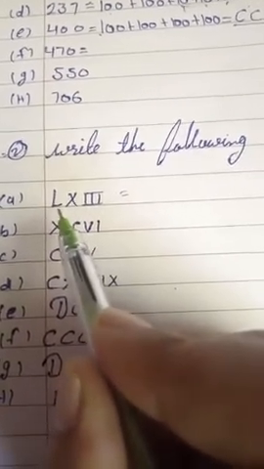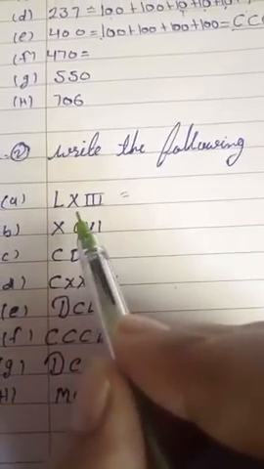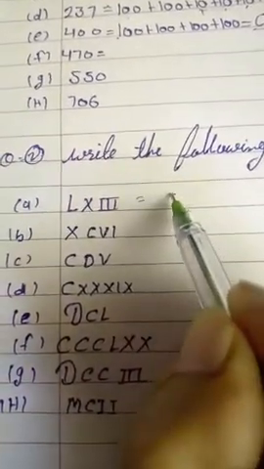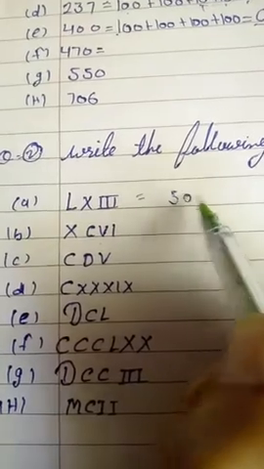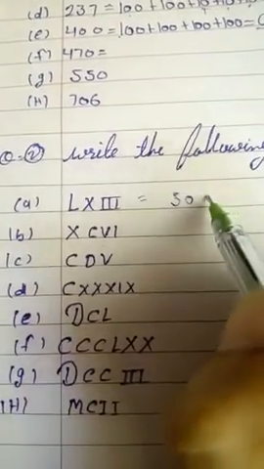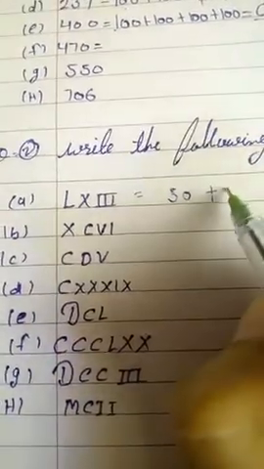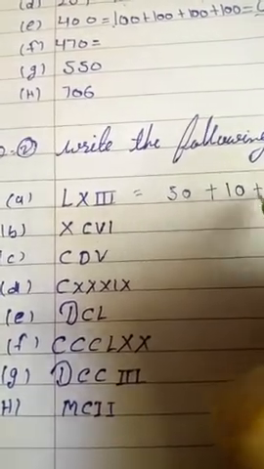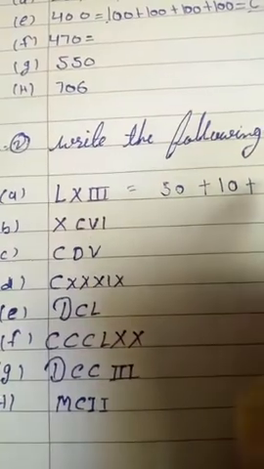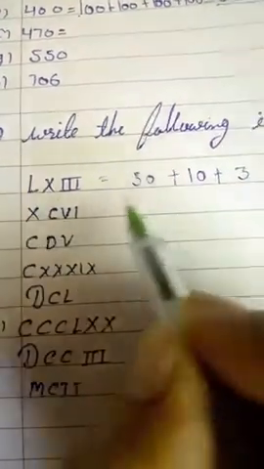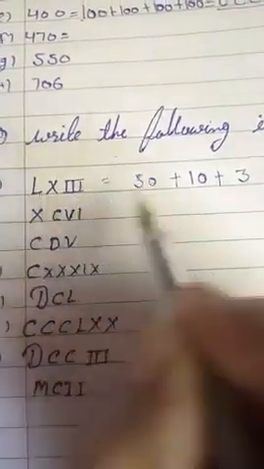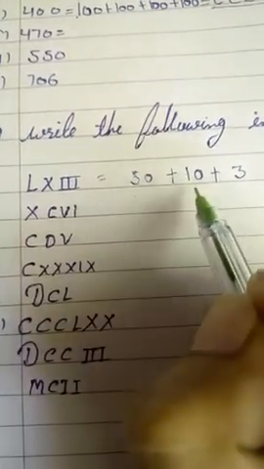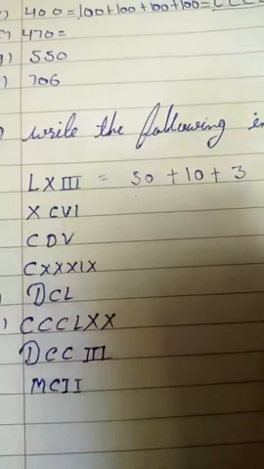L is the symbol of 50. Then X is the symbol of 10, and last it is 3. Convert the Roman numbers into the Hindu Arabic numbers: 50 plus 10 plus 3.